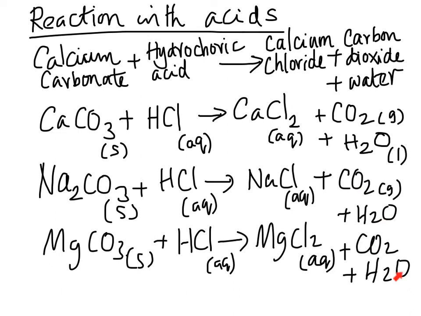You can see a pattern here. All carbonates do react with acid, and it produces a salt, carbon dioxide and water. That's a pattern. You can of course confirm that this is carbon dioxide by passing it through lime water and looking for that cloudy white precipitate.